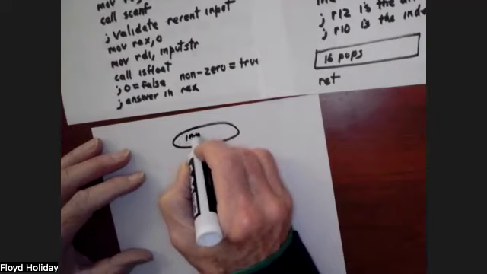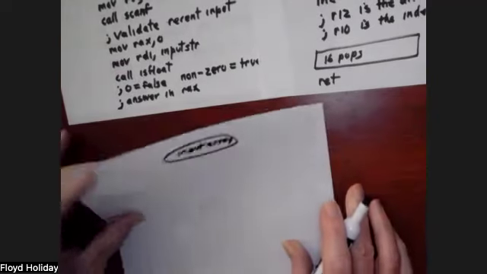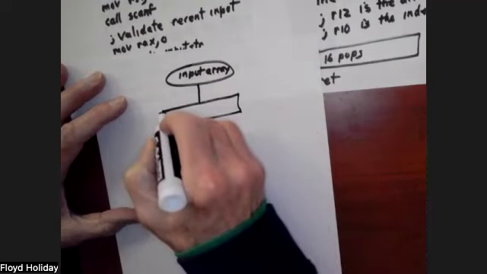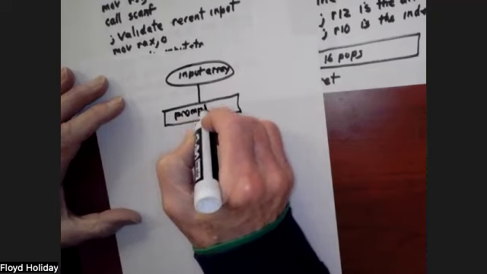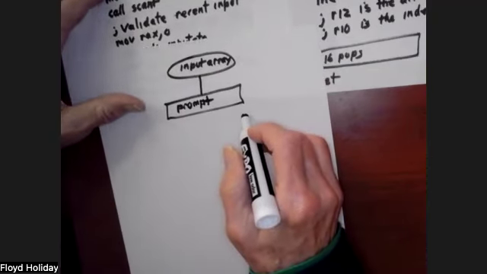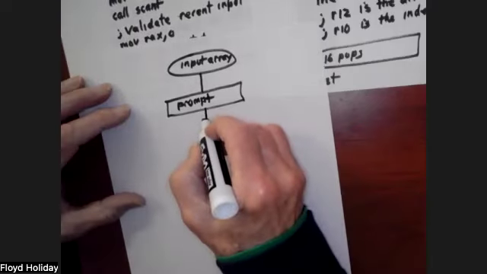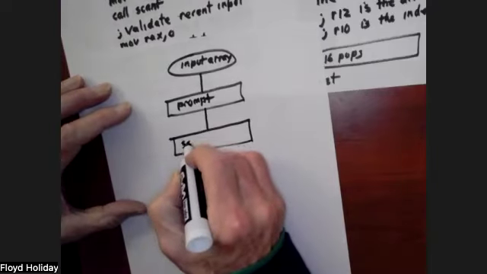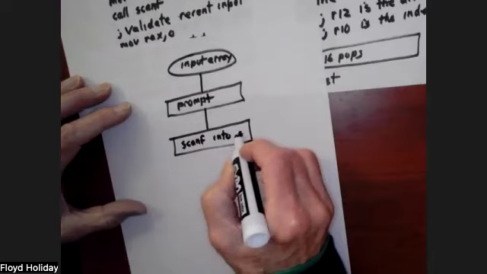Input array. First thing that happens is prompt for numbers. Second thing that happens is this block, and F into string.